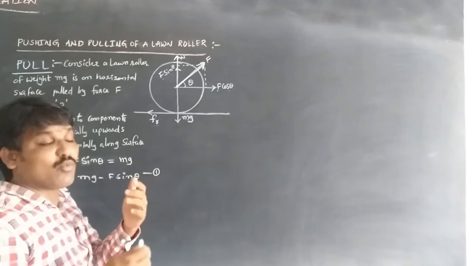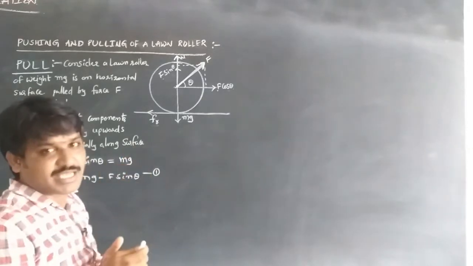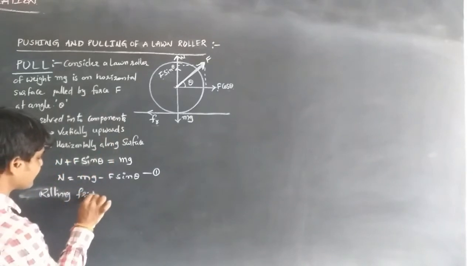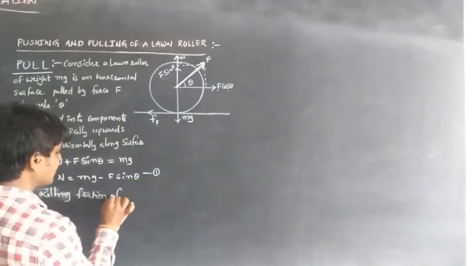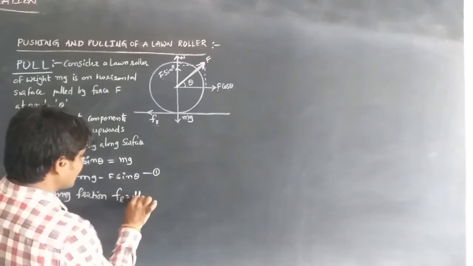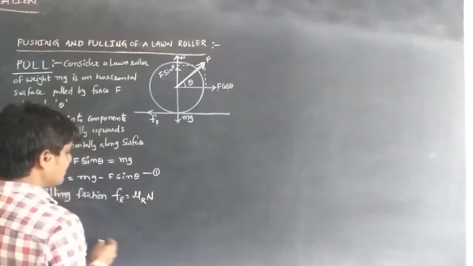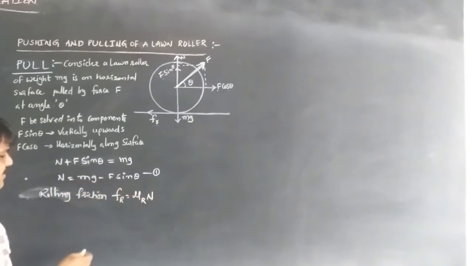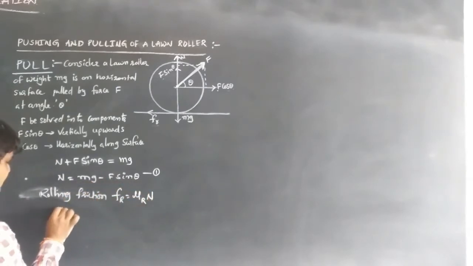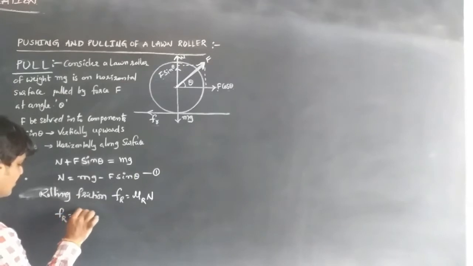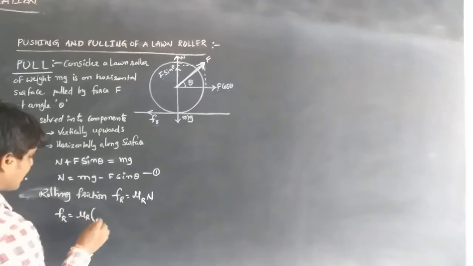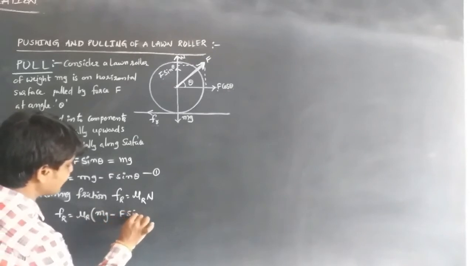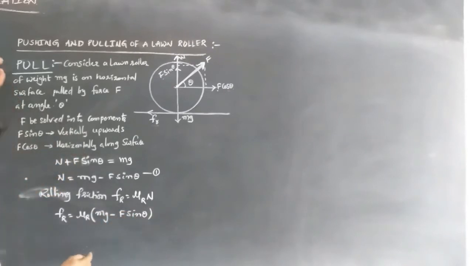So what is that extra force acting on the body? First of all, the rolling friction Fr is equal to mu r N. Substituting the value of N from the above equation, Fr is equal to mu r into (mg minus F sin theta).